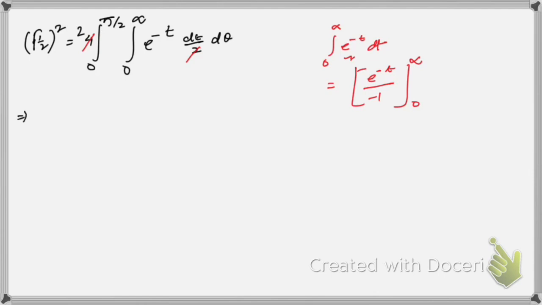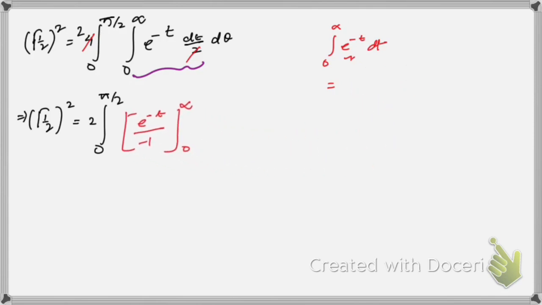So we can write that gamma half whole square is equal to 2 integral 0 to pi by 2, and now this part will be replaced by this result that we have got after integration. Then again d theta, right?